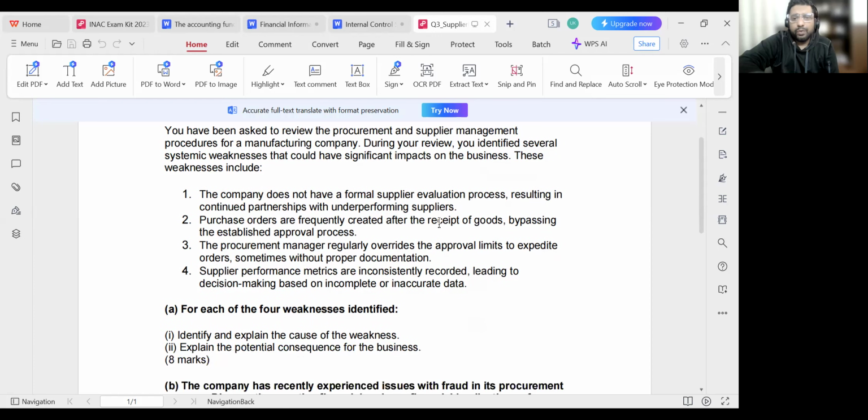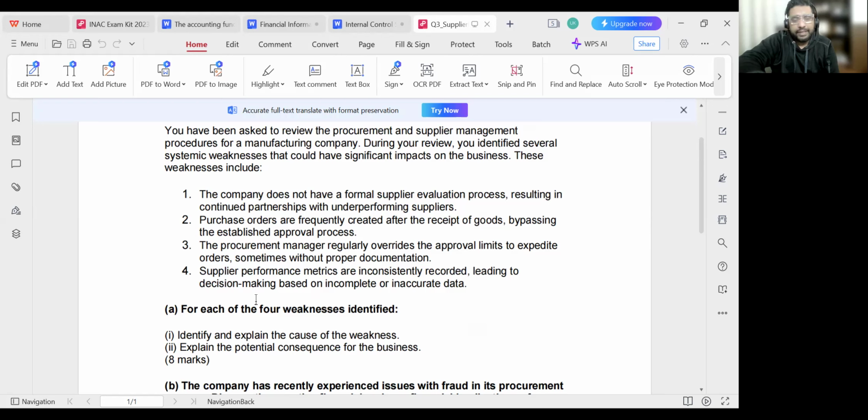These weaknesses include the company does not have a formal supplier evaluation process, resulting in continued partnerships with underperforming suppliers. So it means that you are not screening suppliers before taking them on board. That would be very problematic for the company.